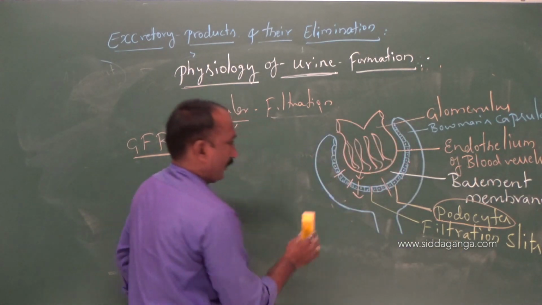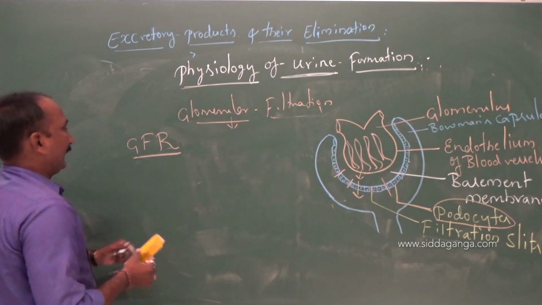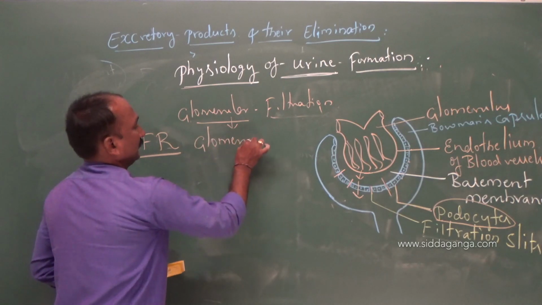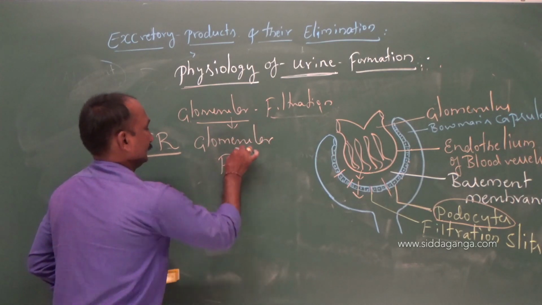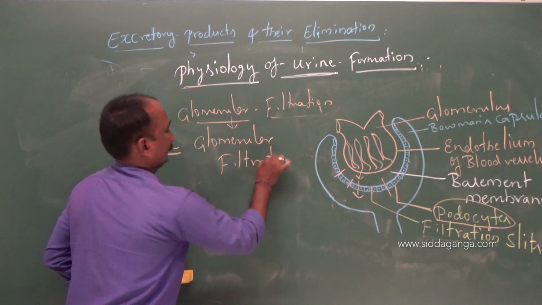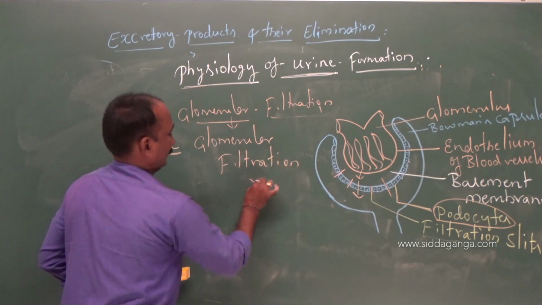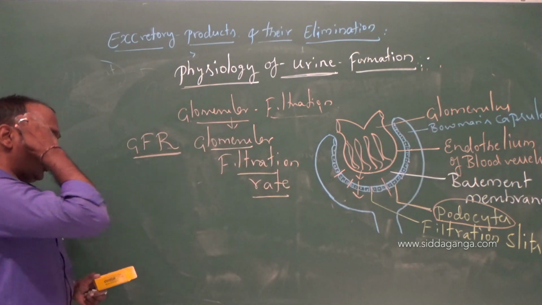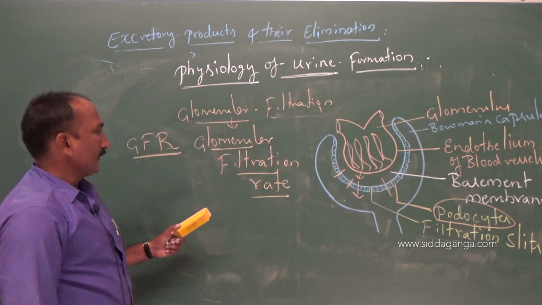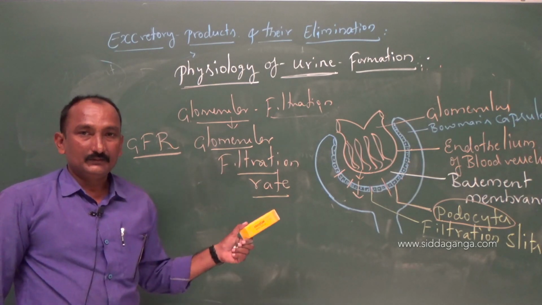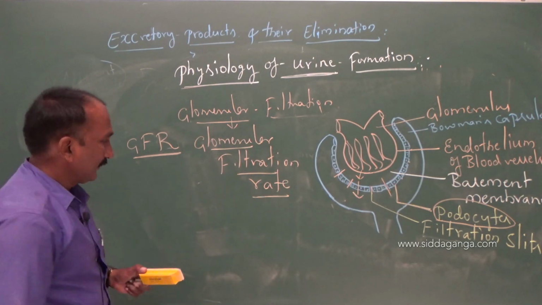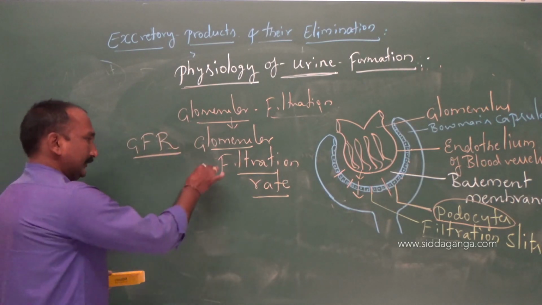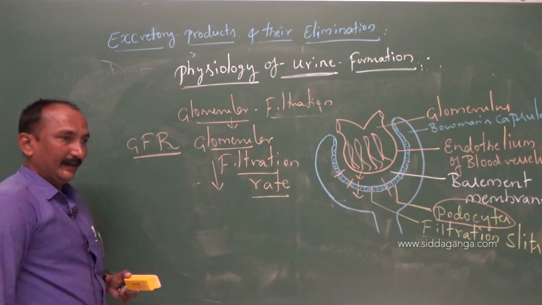In a normal healthy person, the glomerular filtration rate is almost 125 ml. Before going to that, what is this glomerular filtration rate?